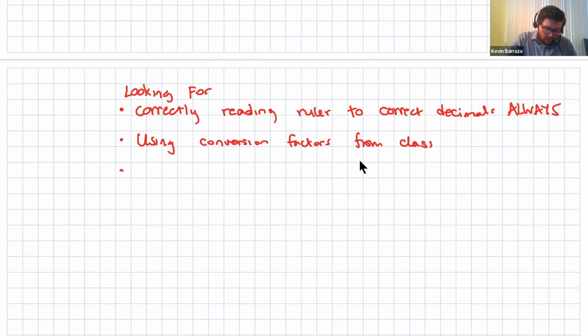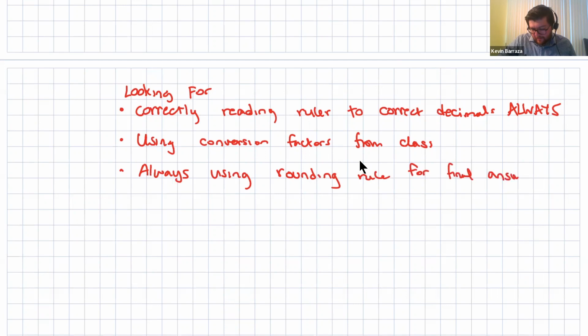And then finally, always using rounding rule for final answer. Okay, so those are the 3 important things. This experiment might seem simple, but looking at these criteria, it does take a little bit more work than you might think.